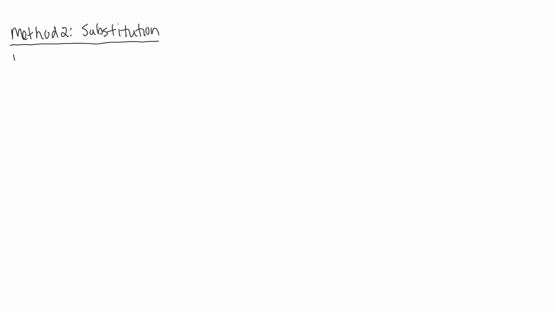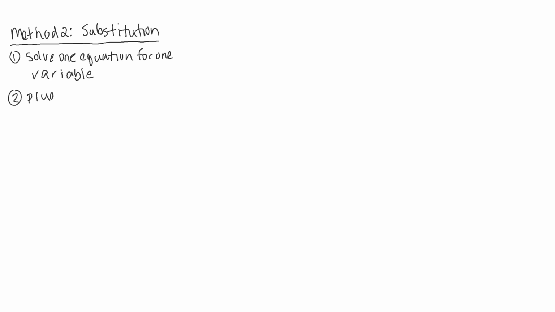So the first thing you want to do is solve one equation for one variable. Sometimes this is already done for you. You'll have an equation that's already solved for a variable. But if not, you need to take one equation and solve it for one variable.